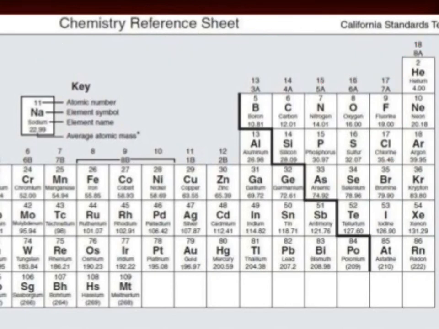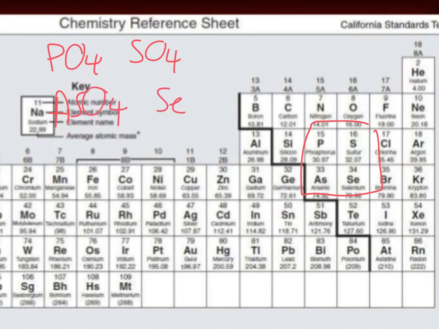Okay, then we'll look at the box of 4. The box of 4 has phosphorus, arsenic, and selenium in it, and these guys would all form polyatomic ions with 4 oxygens. So we have PO4, SO4, AsO4, oops, that's a lowercase s, and SeO4. So selenate, arsenate, sulfate, and phosphate.